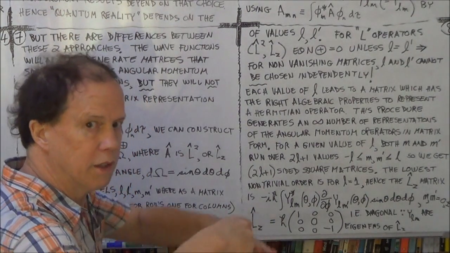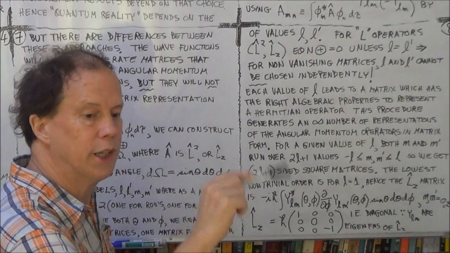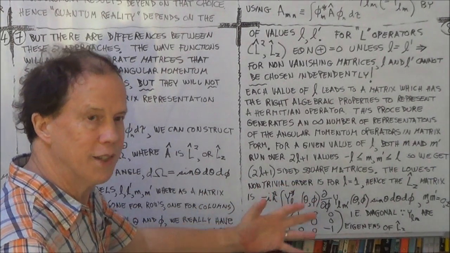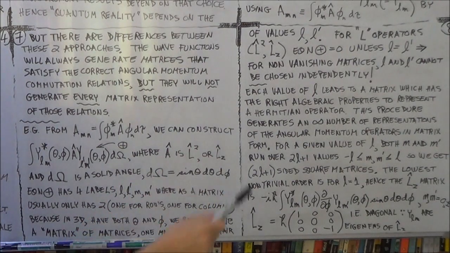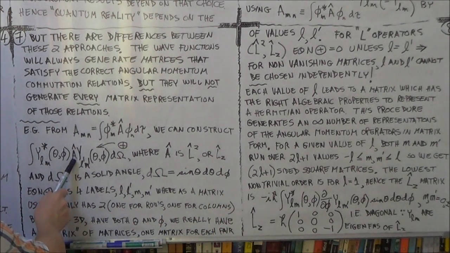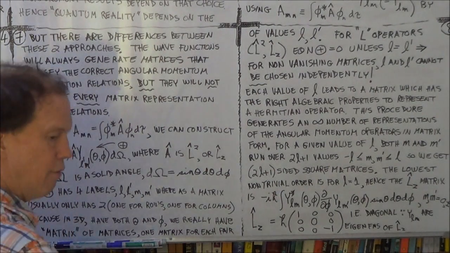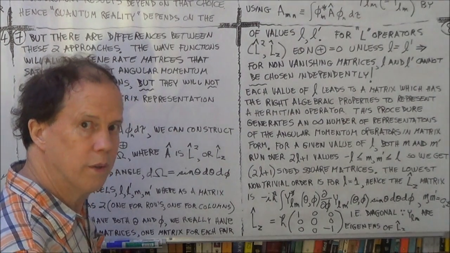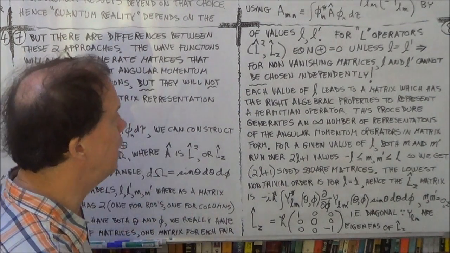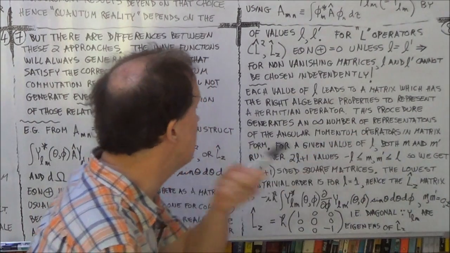And by getting higher and higher values of L, you just have bigger and bigger matrices, which have the same algebraic properties as your operator. So you can represent your operator with ever larger 2L plus 1 squared matrices. You can have an infinite number of these matrix representations.